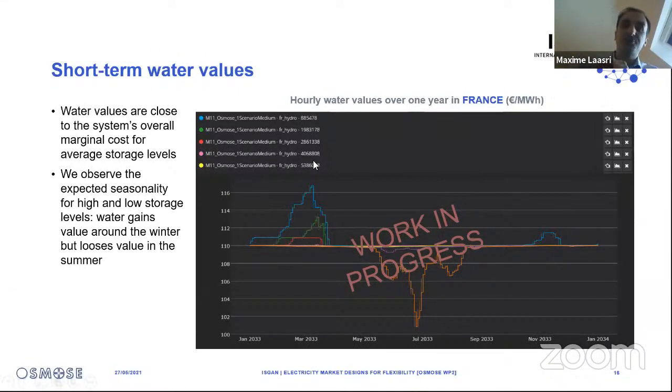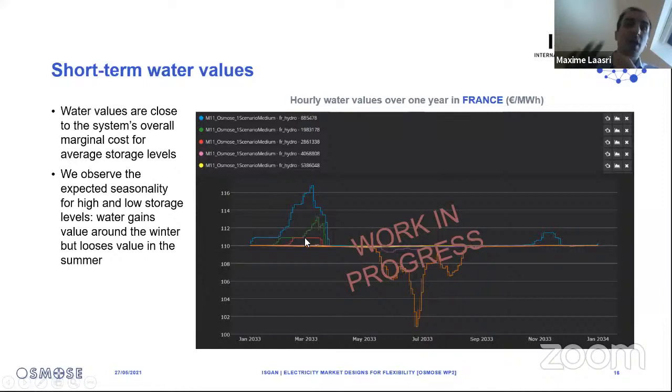Each curve represents the water values relative to one storage level. The storage level is indicated, for instance, here in the caption, in megawatt hours. And if you don't have that much water in your hydro reservoir, you can see that your water value goes up during the winter, as well as here to prepare for the next winter.